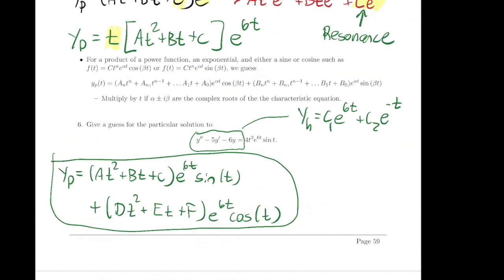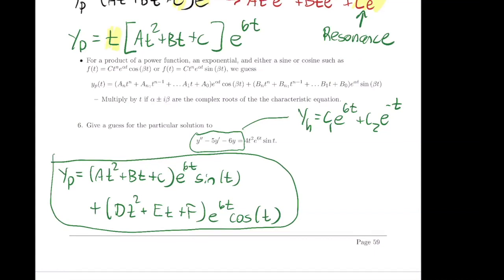And if you check for resonance here, we're going to be okay because every term in this particular solution has either a sine of t or a cosine of t in it, whereas our homogeneous solution had no sines or cosines anywhere. So we don't need to adjust this by multiplying by t.